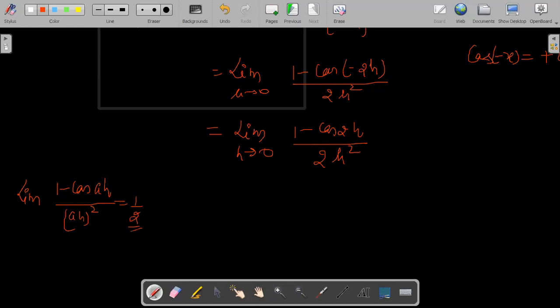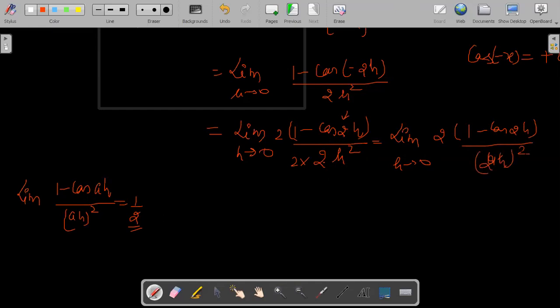Here we have 2, so we have to multiply 2 with h, not with h square. So I multiply and divide by 2, and this gives limit h tends to 0 of 2 into 1 minus cos 2h upon 2h whole square. This gives 1 by 2, so 2 into 1 by 2 gives 1.